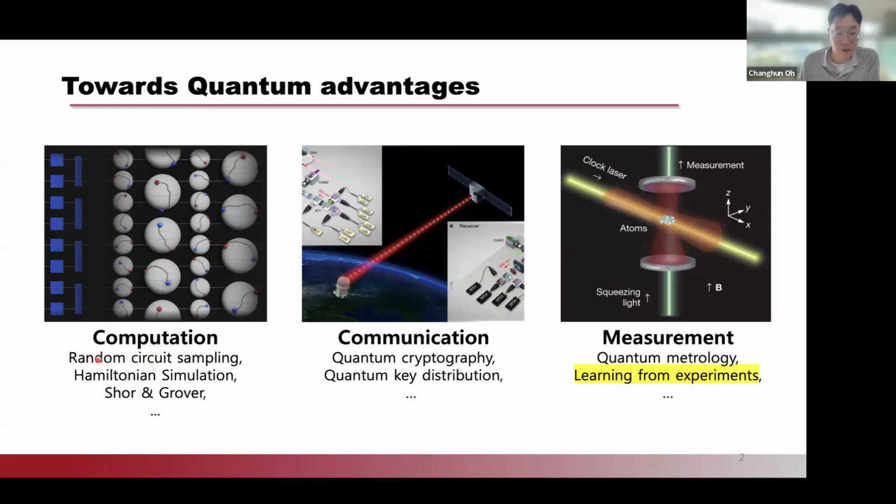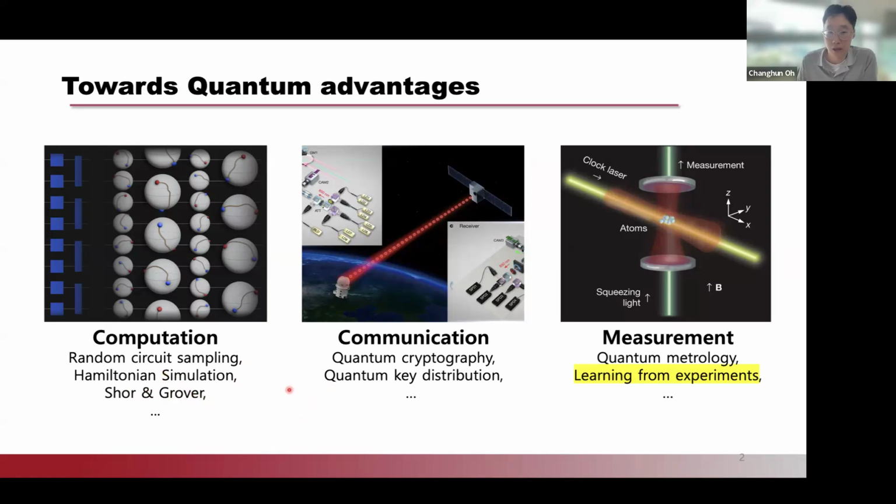The main goal of many recent experiments, such as random circuit sampling or boson sampling, is to implement experiments that cannot be efficiently simulated using a classical computer. We also hope to scale up quantum devices so that we can implement larger-scale quantum algorithms such as Hamiltonian simulation or Shor's algorithm.